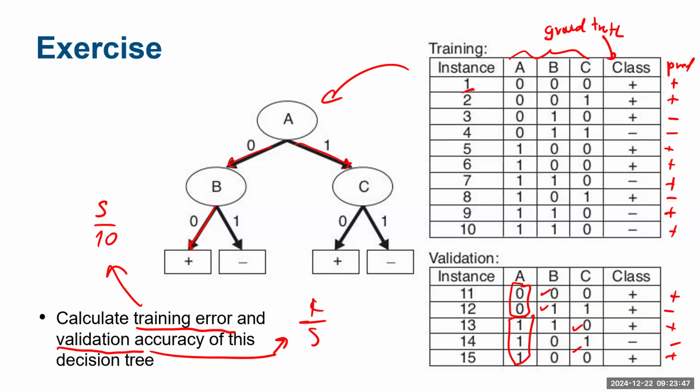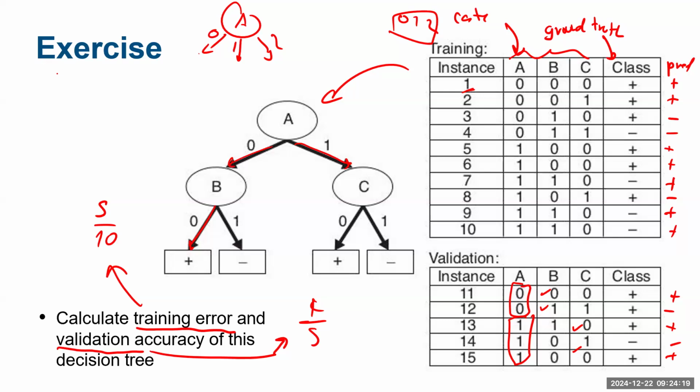So if the attribute is a category, then you would have the value on the edge. So if it's like 0, 1, 2, then you will have 3 branches, right? So you have A from 0, from 1, from 2, if you have three values in the category.